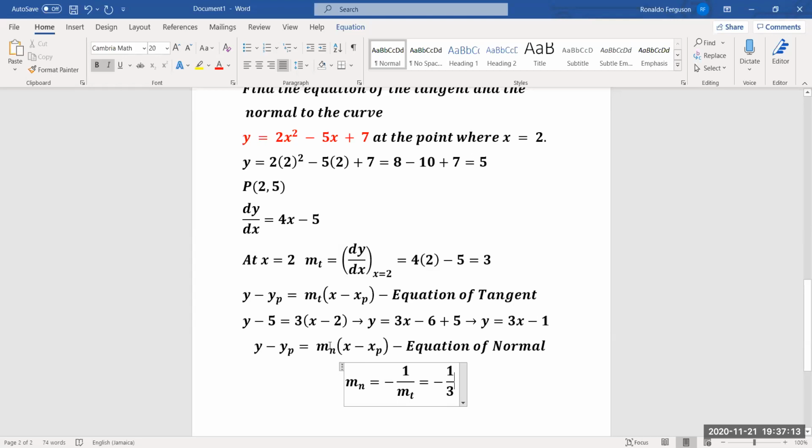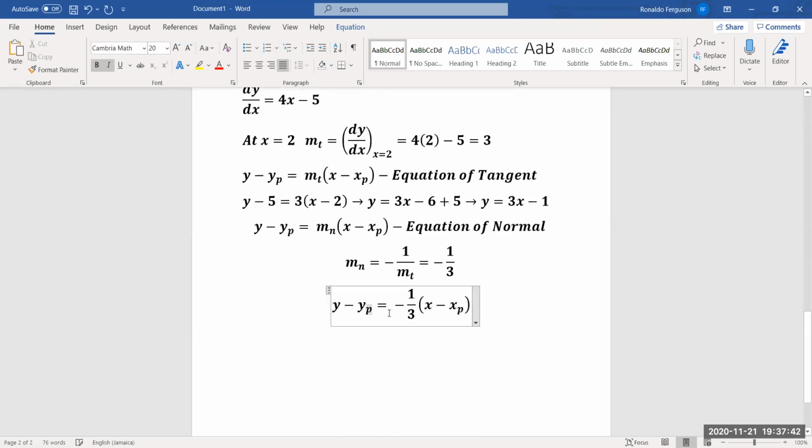Now that we have found the gradient of the normal, we can find the equation of the normal by using this formula and replacing mn with -1 over 3, and yp in this case is 5 and xp was 2. So this is now the equation of the normal.